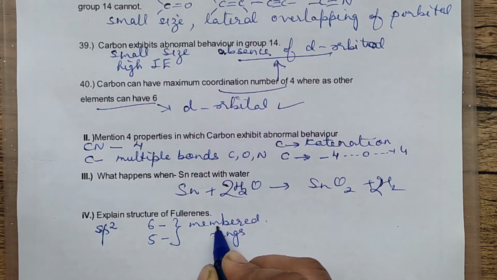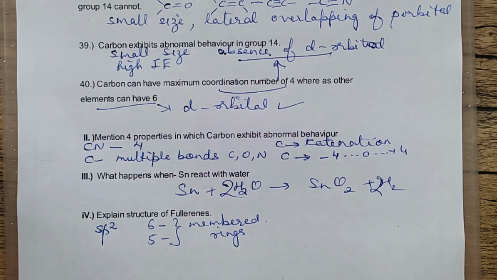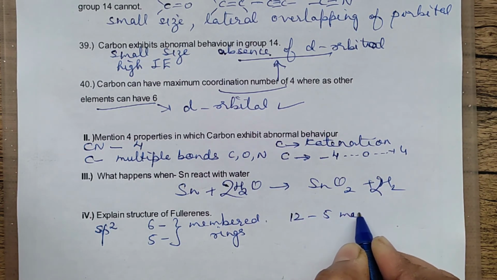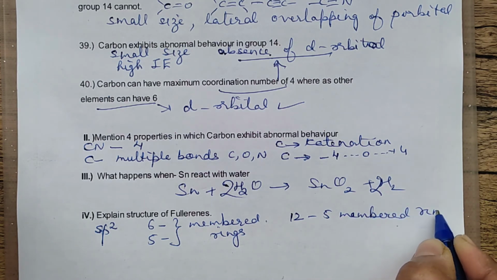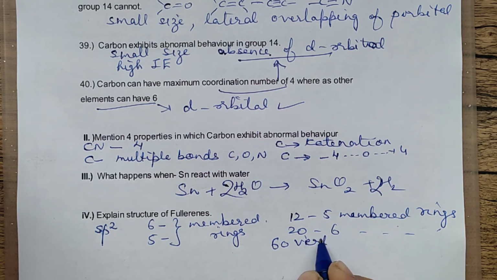In fact, you can also write down that there are 12 5-membered rings and there are 20 6-membered rings. There are 60 vertices. It's a football-like structure.